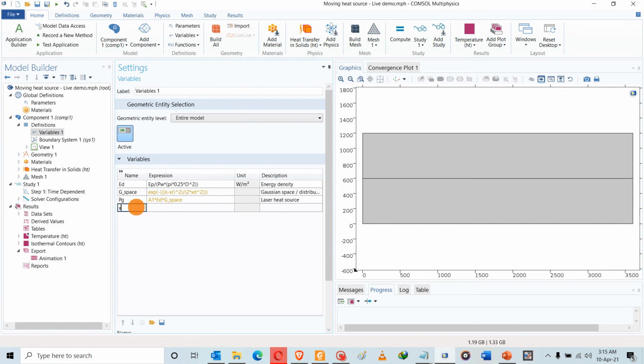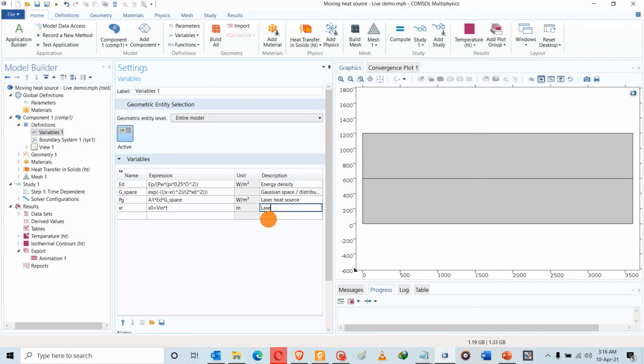I'm going to place XR into an equation, which is X0 plus Vn multiplied by T. So we are now including the scan speed here, meaning that we are forcing the laser beam to move.